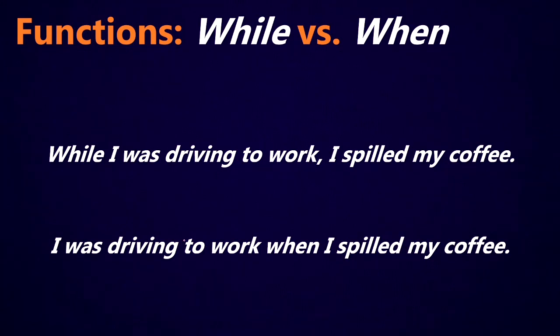The only difference between them is we're using while with the past progressive, was driving, and we're using when with the past simple, spilled. So we will use while with the past progressive, and we'll use when with the past simple. That's the only difference between these two sentences.